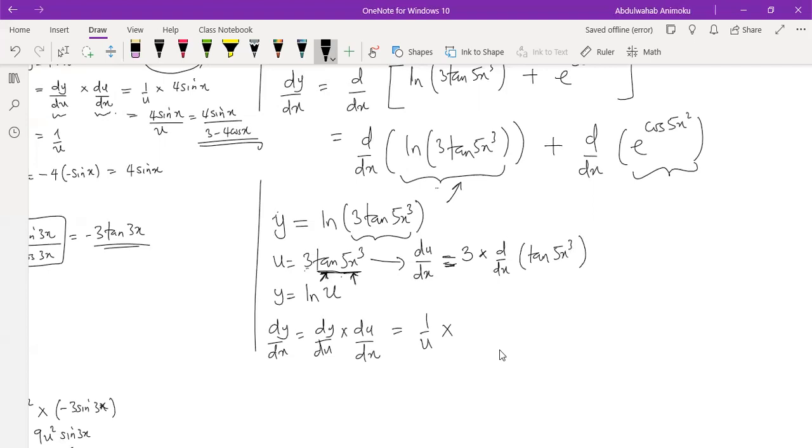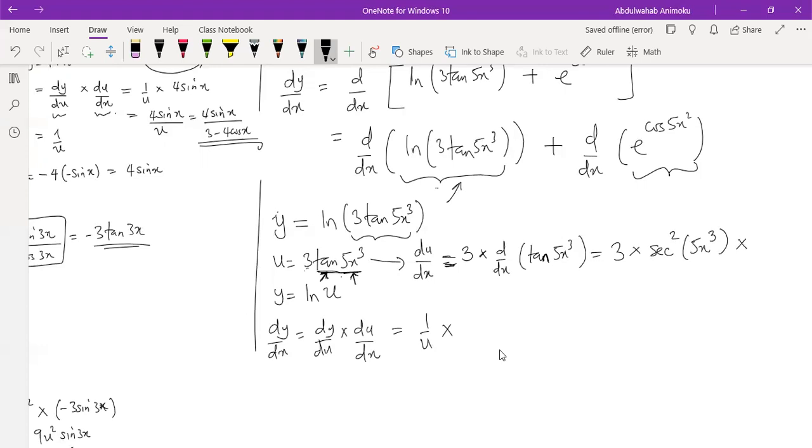The derivative of tan 5x cubed happens to be a function we have to use chain rule to solve. So the derivative of tan of any function is what? Secant square of that function. So it will be secant square of whatever is inside the tan, which is 5x cubed.